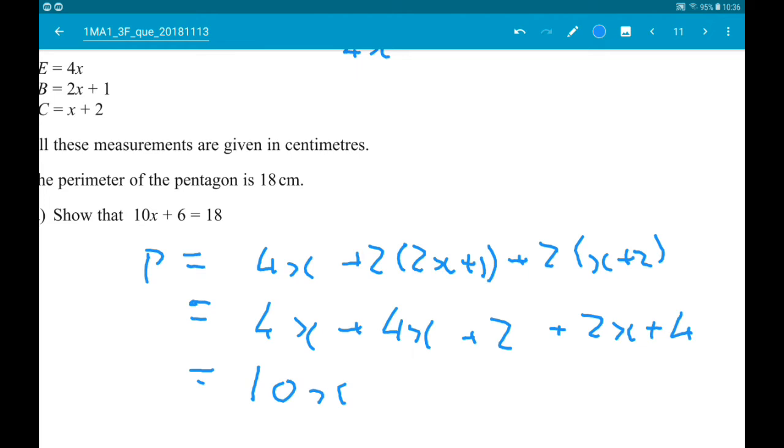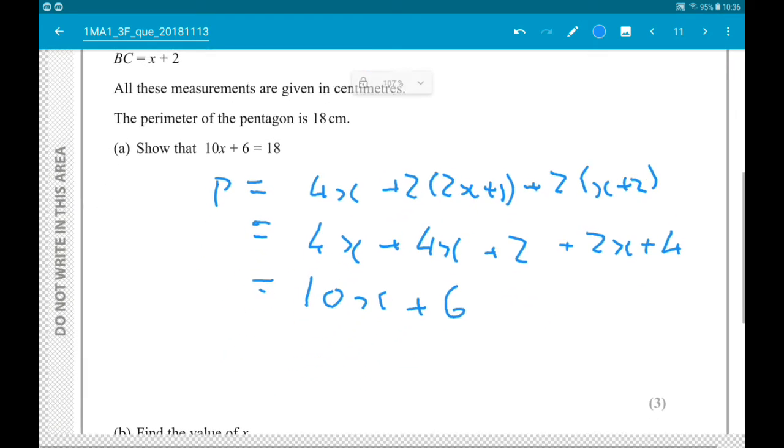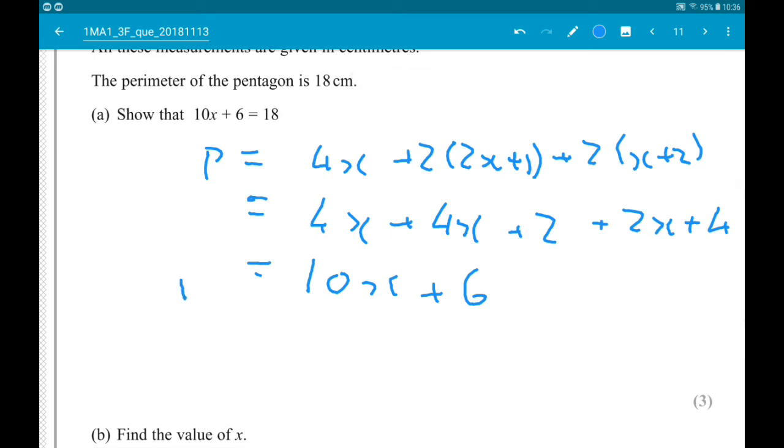And we have 2 add 4, which on a good day is 6. Now we also know as a number the perimeter is 18. Therefore, 10x add 6 does equal 18.